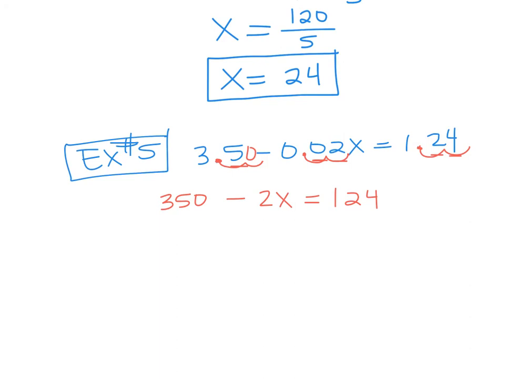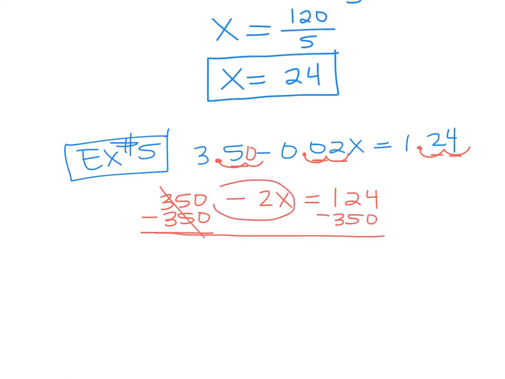This 350, what's the sign in front of it? There isn't one, so it's positive. If there was a negative, then we would add 350. But it's a positive number right now, so instead, we need to subtract 350. So this goes away. Subtract 350 here, and we get negative 2x equals 124 minus 350, which is negative 226.